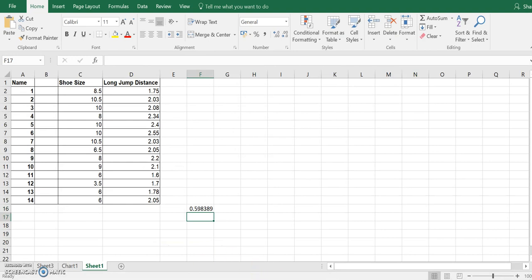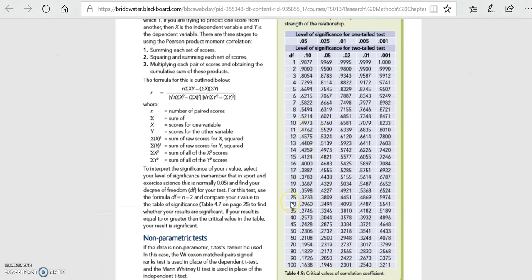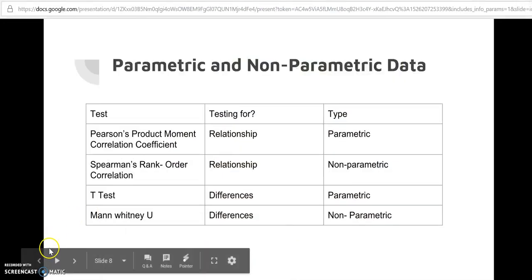Due to it being greater than that number, this means my data collection is significant. So yeah, it's significant.